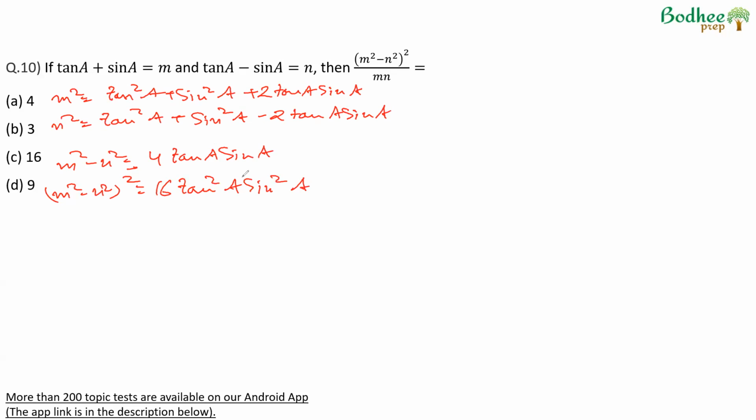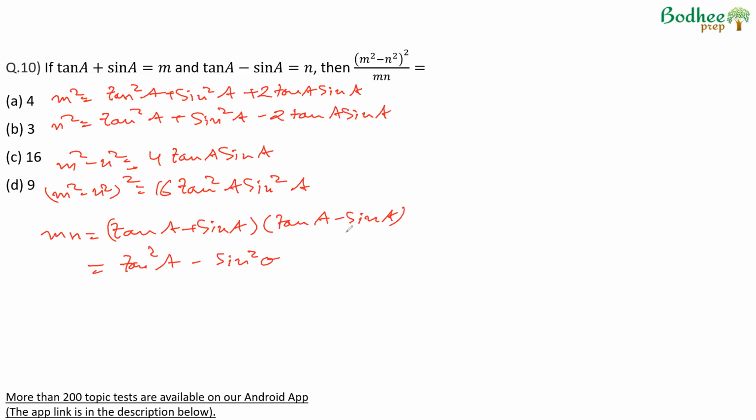Now let us find the value of M into N. M into N would be tan A plus sin A into tan A minus sin A, which will be tan square A minus sin square A. Now tan square A is sin square A upon cos square A minus sin square A. Taking sin square A common, we get 1 upon cos square A minus 1.